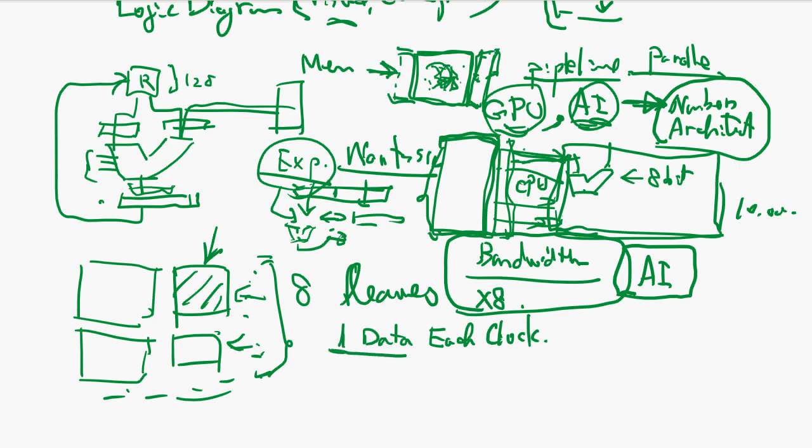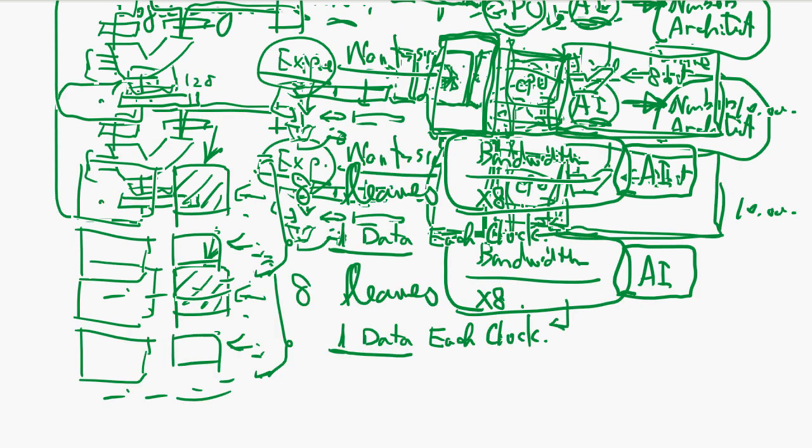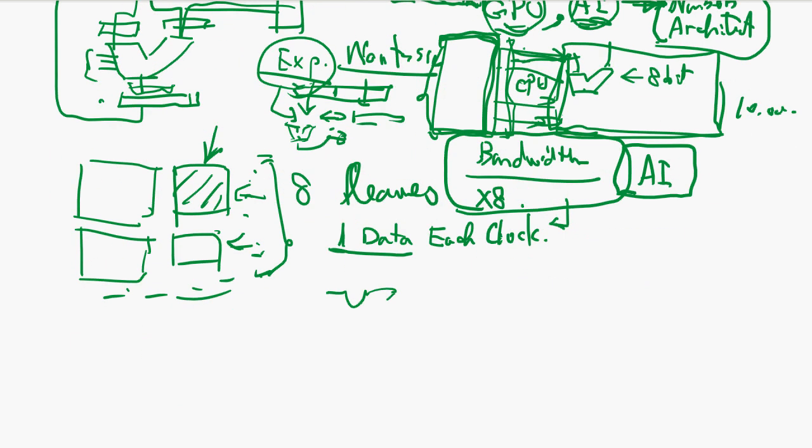Okay, and if you do this, then parallel is good, but parallel can also be pipelined. How you pipeline is you get calculation data every clock, right? So it can bring it to the accumulator.